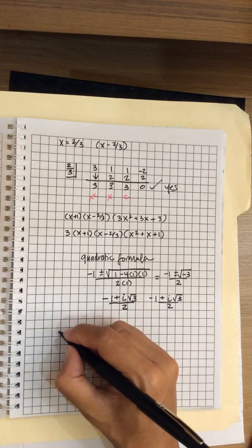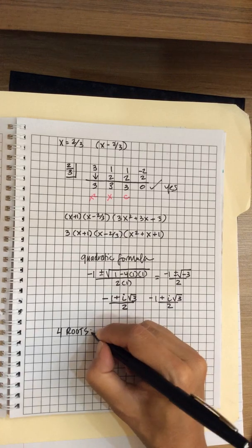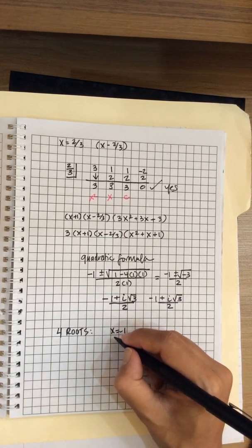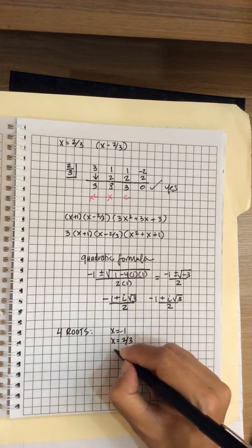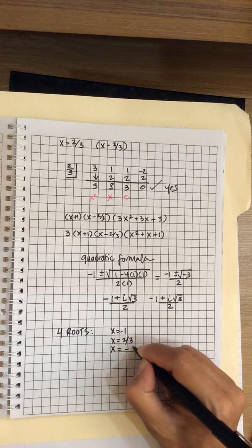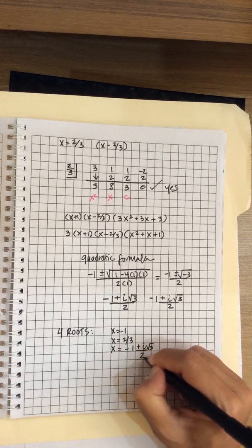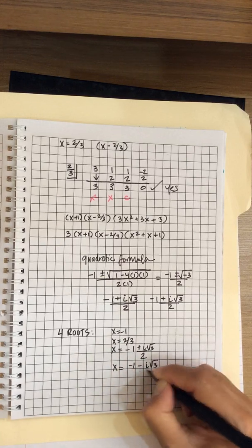Since this was a polynomial of degree 4, my 4 roots are x equals minus 1, x equals 2/3, x equals negative 1 plus i root 3 over 2, and x equals negative 1 minus i root 3 over 2.